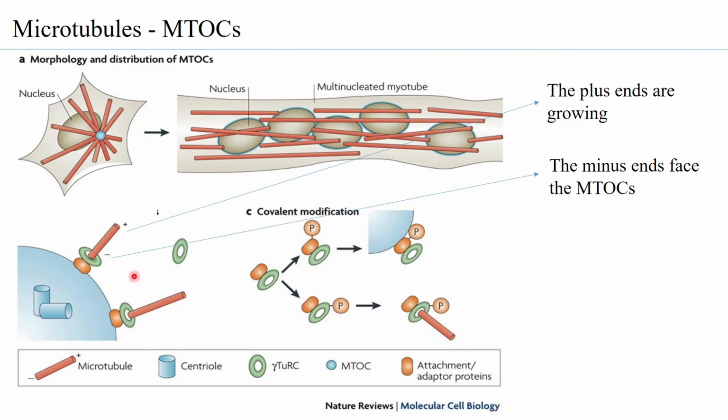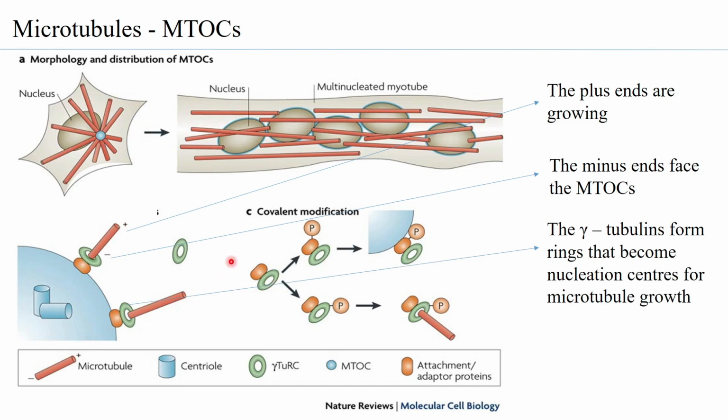So here what you see, and interestingly what has been observed, is that the minus end always faces the MTOC. Minus end is not generally on the opposite side of the MTOC. It is always the plus end which is at the opposite side of the MTOC.